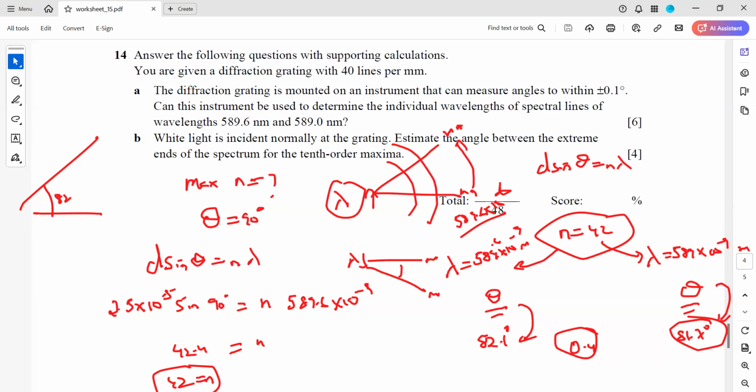So the question was, can this instrument be used to distinguish between the two wavelengths of 589 and 589.6? What we did: at the individual level, for the first order or second order, it cannot. But for the maximum order of image, yes, this instrument can be used to distinguish between the two wavelengths. Is it clear? Anyone having a question or doubt in this part?